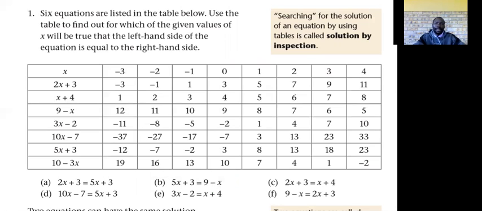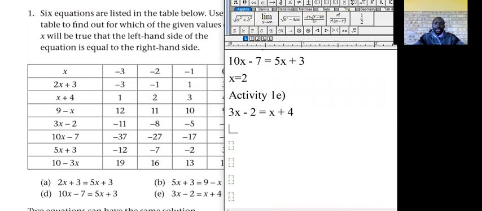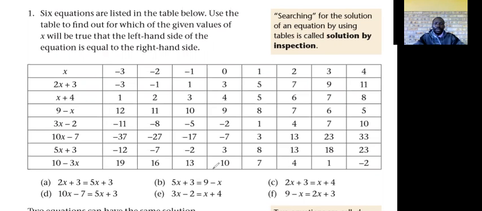So let me just put something to help us, I could put this color. We are dealing with activity E. Activity E is this one here. No, not this. This one is not going to help us.